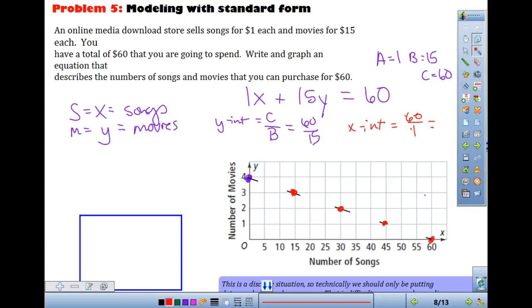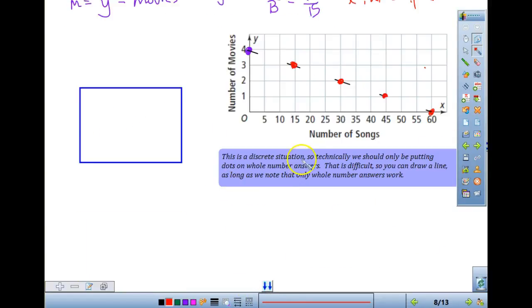If you notice in the situation, it says this is a discrete situation, so technically we should be putting dots for our whole number answers. Sometimes it's difficult to draw a line, as long as we note the whole number answers. So you could have a line here, and you could simply tell me your answer is discrete, and your domain and range are only whole numbers, right? So you can't have fractions or decimals for an answer.